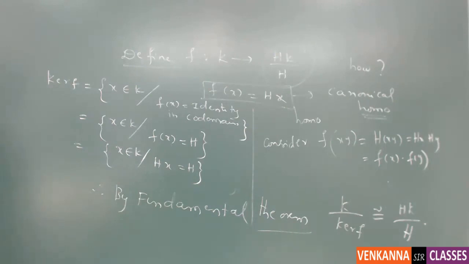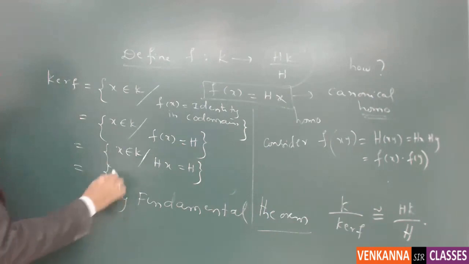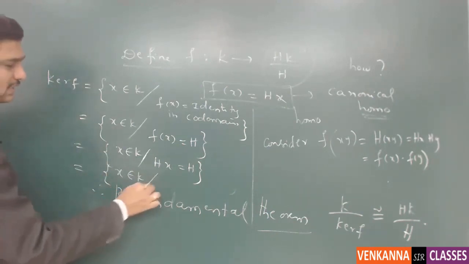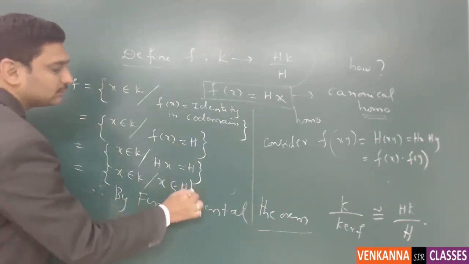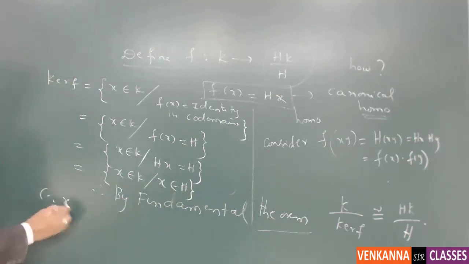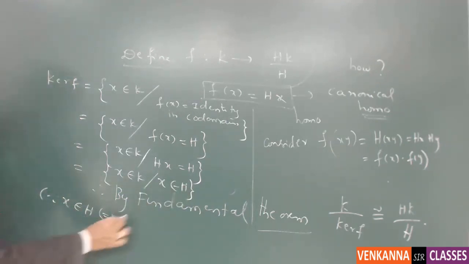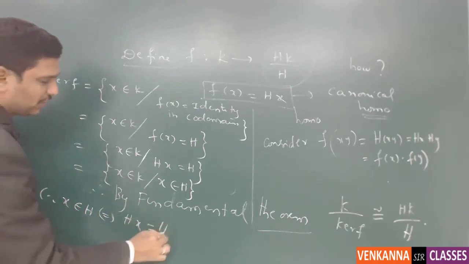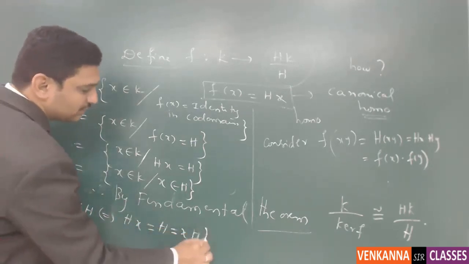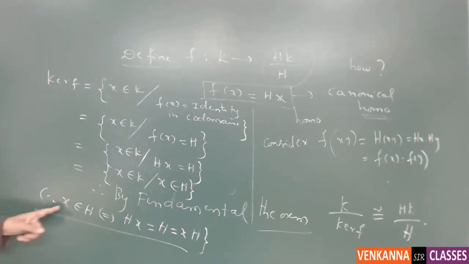Again, we have one good famous result in cosets. This is nothing but x belongs to K such that x belongs to H, since we have the result that x belongs to H if and only if hx is equal to H is equal to xH. Could you recollect this result? In cosets we have discussed this.